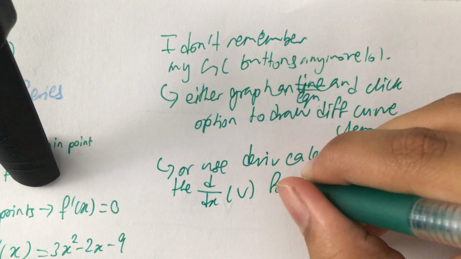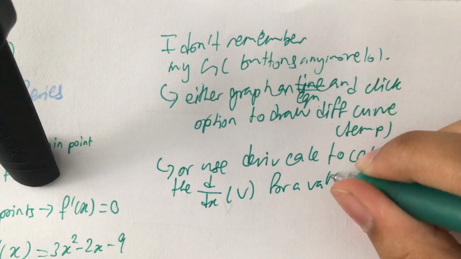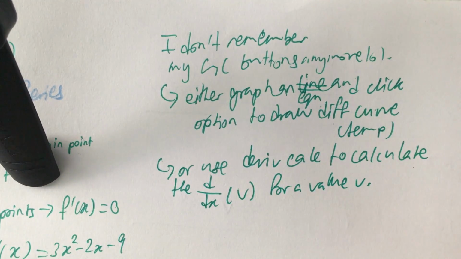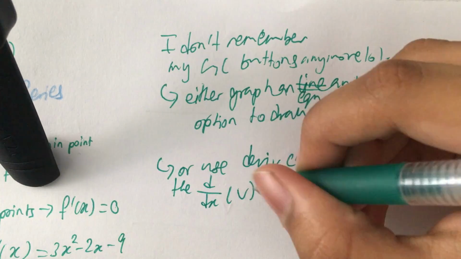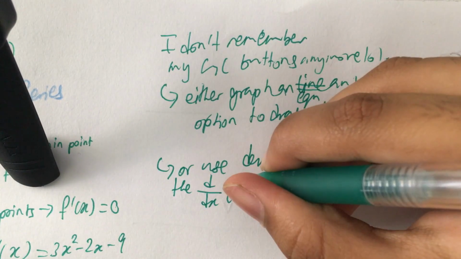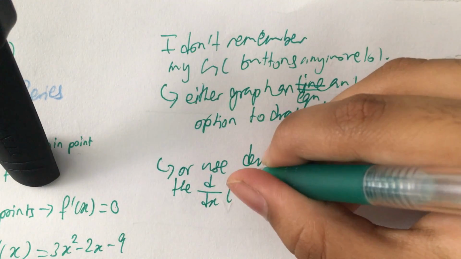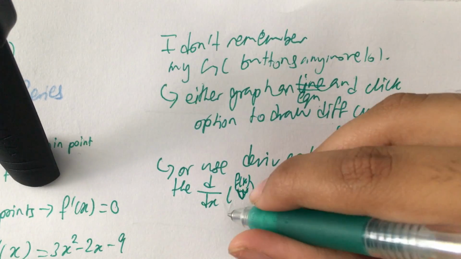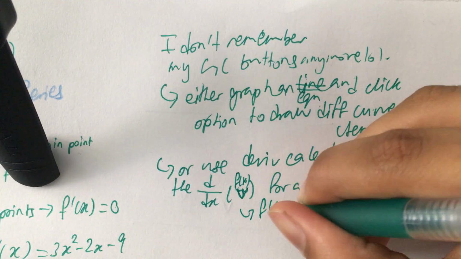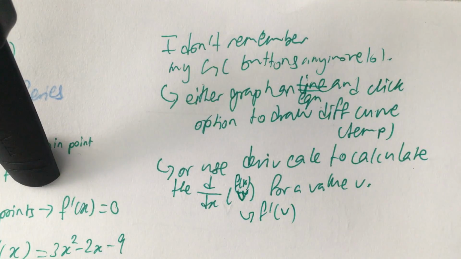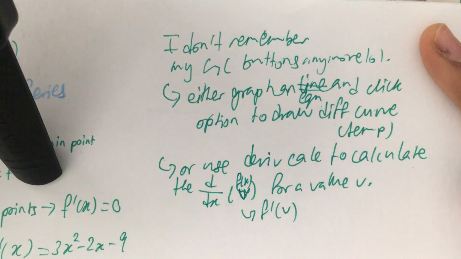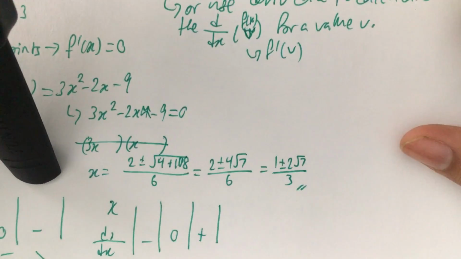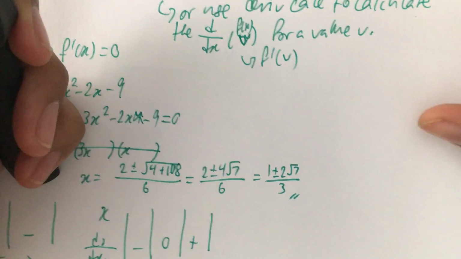From there you can find the derivative curve. Actually, I don't think you can get the function itself, but you can get the minimum and maximum points or certain aspects of the derivative curve, and you can get a value of the derivative function using the calculator.